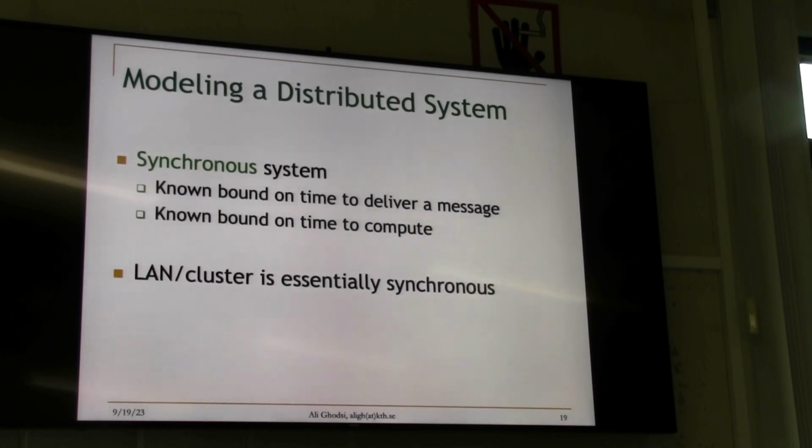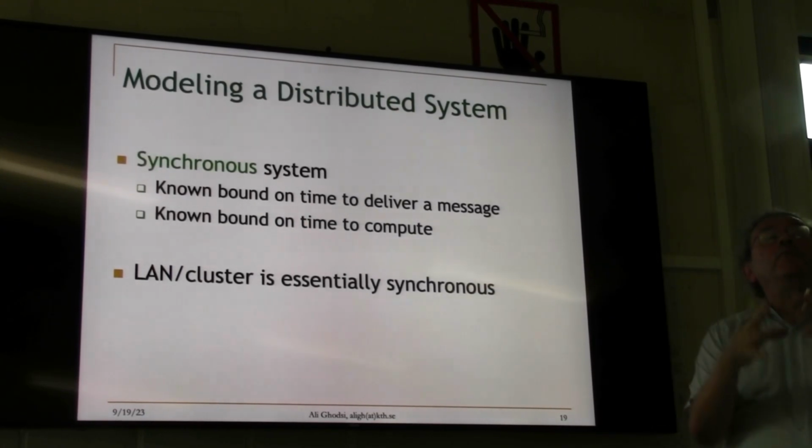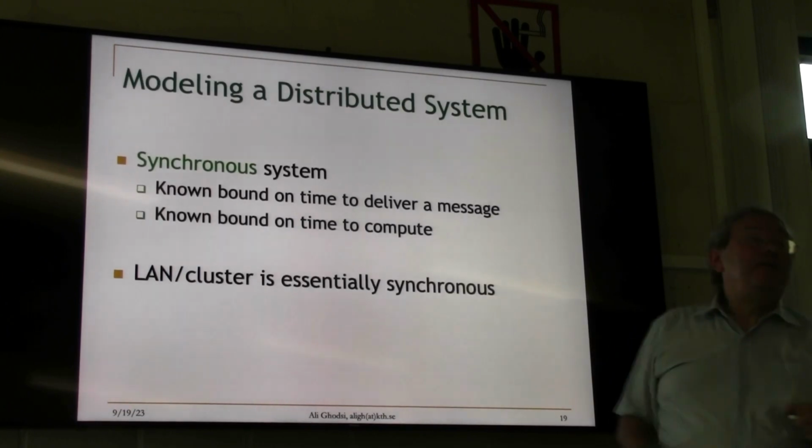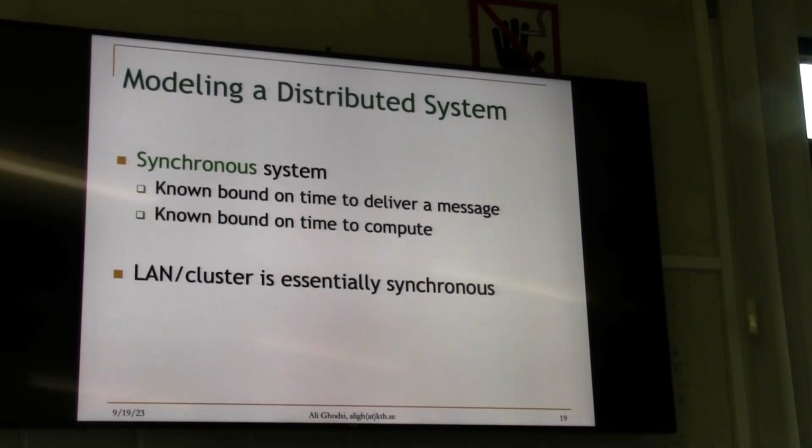Because you see the wire, and you know that the signal will take so much time. You know how much time the adapters will take. And if there's a conflict, you know how that's going to affect it. So basically, you know exactly how long it's going to take. So the intuition is that small systems, like multi-core or a cluster, which is a small box, can be made synchronous. But large systems like the internet, no.